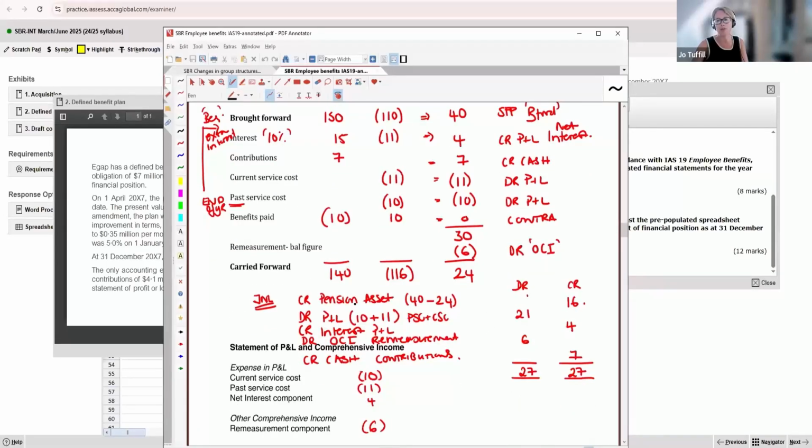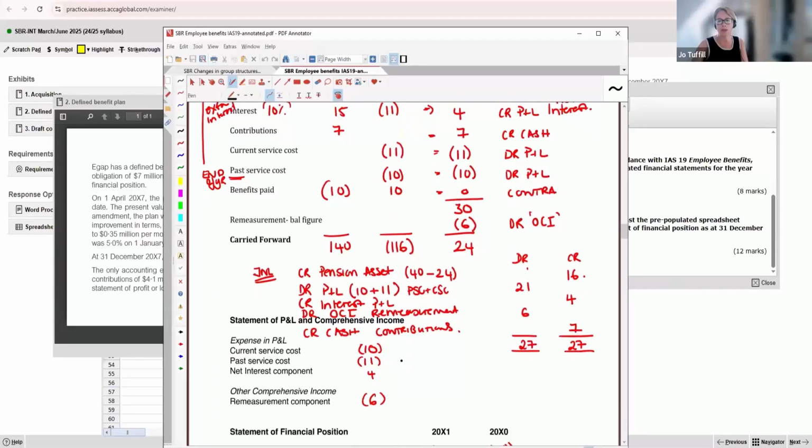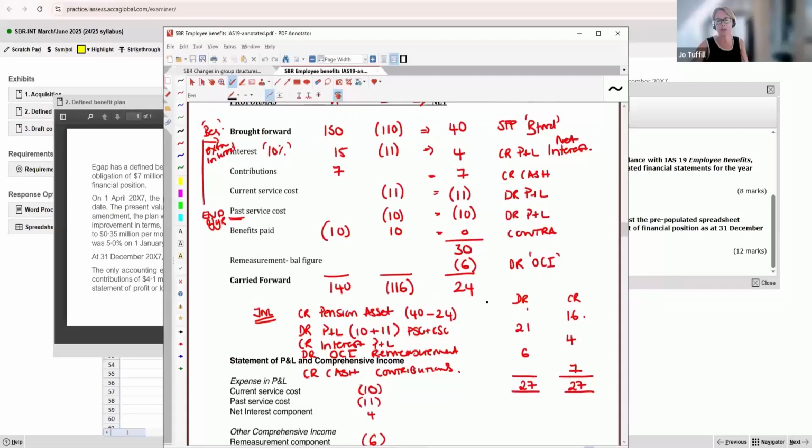And then the journal is to increase or decrease a pension asset or a deficit. You then put the interest through the profit and loss, and you put the remeasurement through OCI. Cash contributions are taken from the asset or reduce the liability, and the other side is obviously cash. So that's how a defined benefit scheme is done.